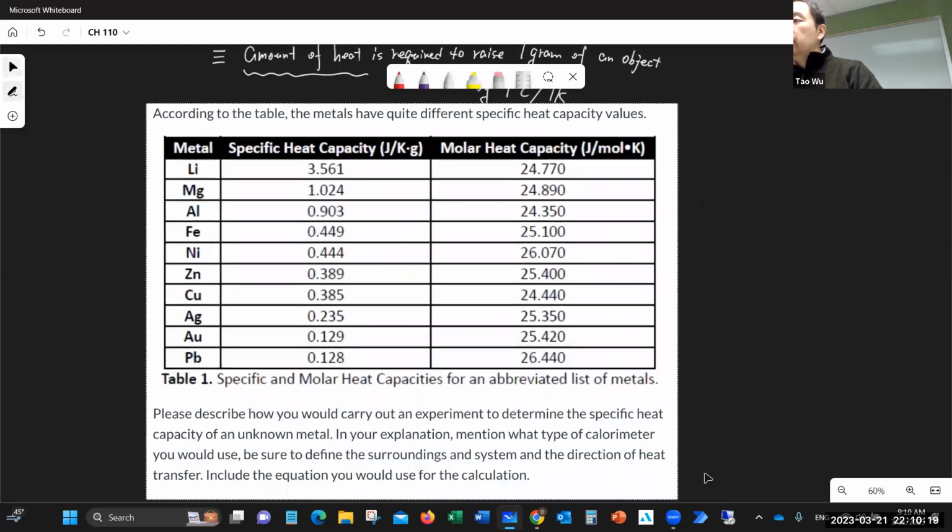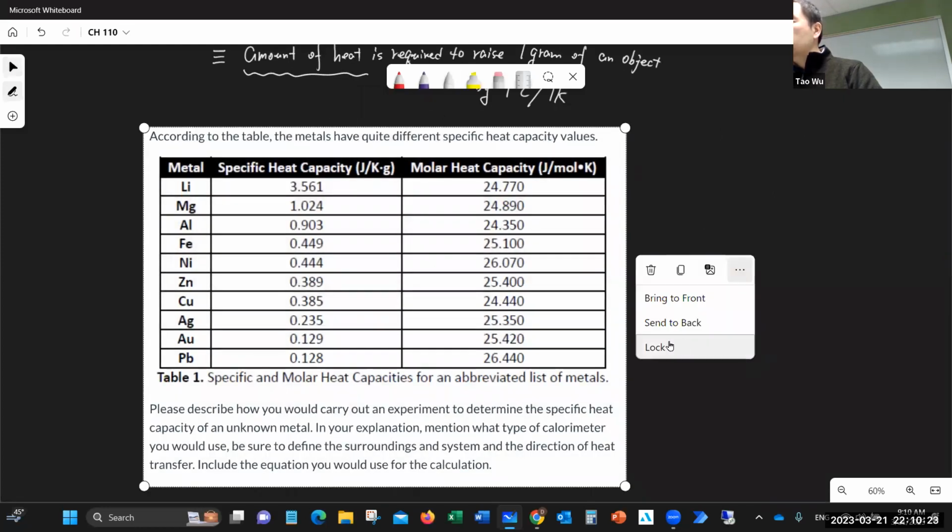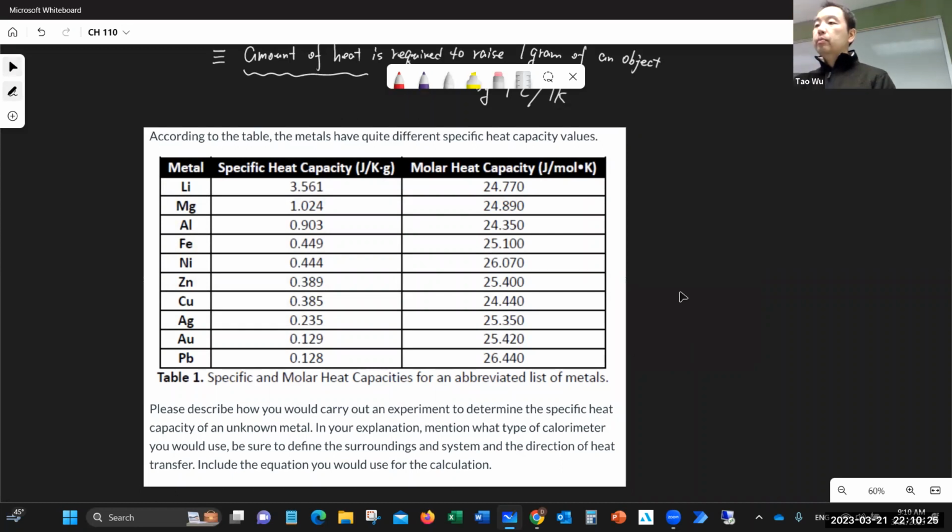Okay, so here we have the specific heat for those materials. You see the specific heat are different. Some of the materials have really high specific heat, some have pretty low specific heat. You see that, right?